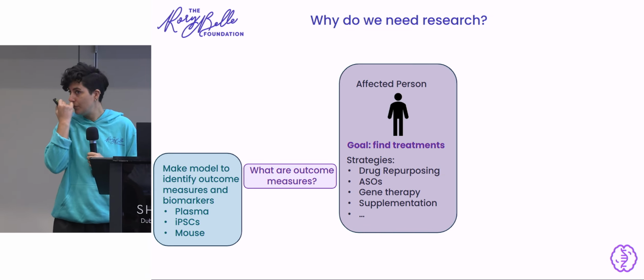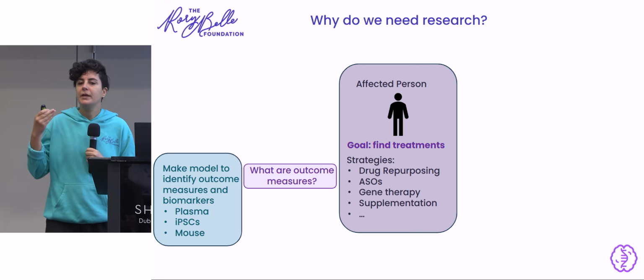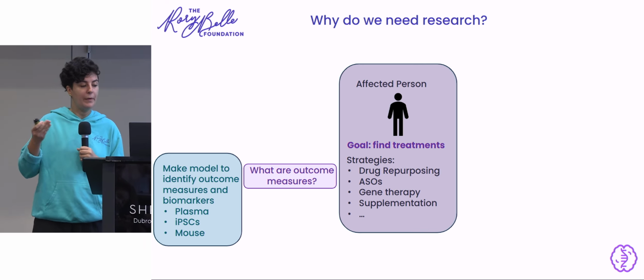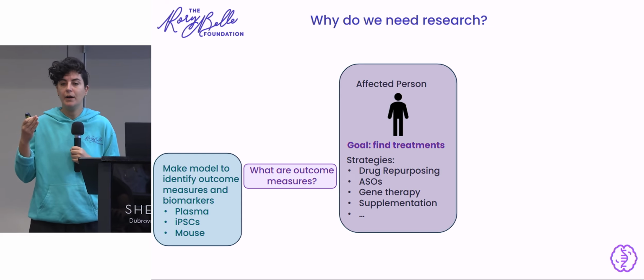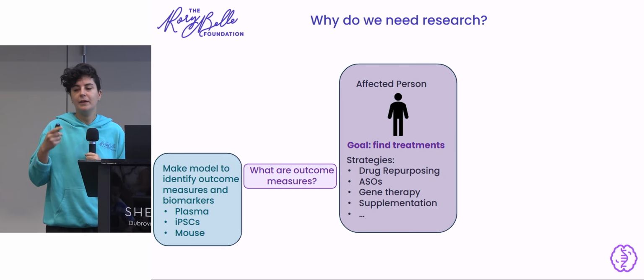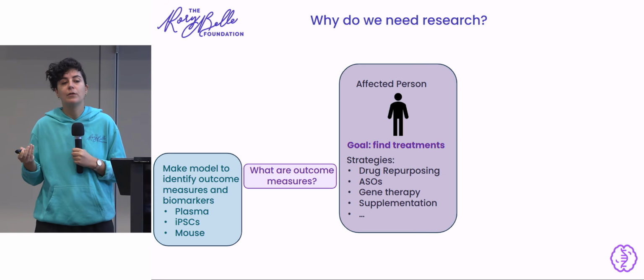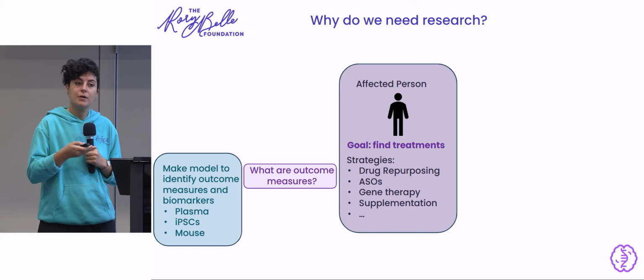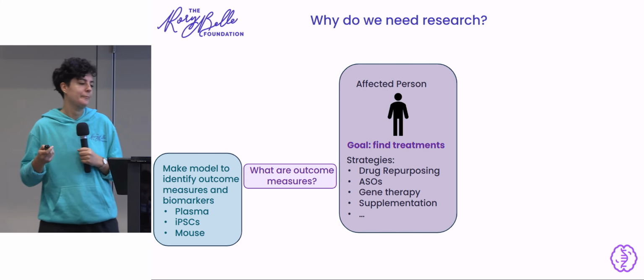For those, it's important to fill out the surveys, but also if we can make models, for example, mouse models or other models other than patients, to figure out the different symptoms, we can identify outcome measures and biomarkers that are going to allow us to test drugs and to see exactly what we want to go down or what we want to go up, right?